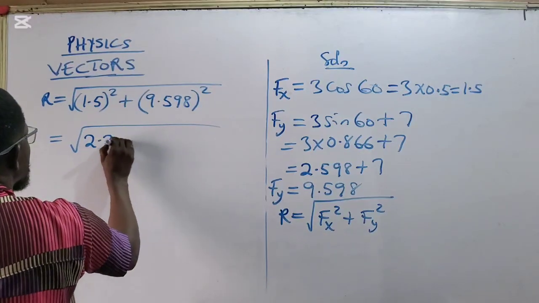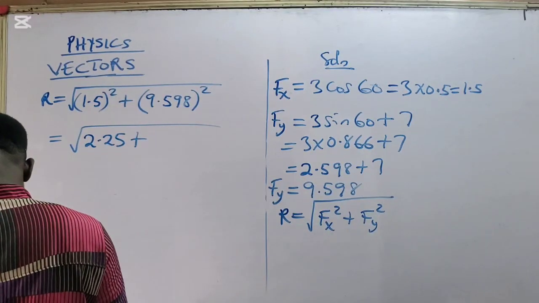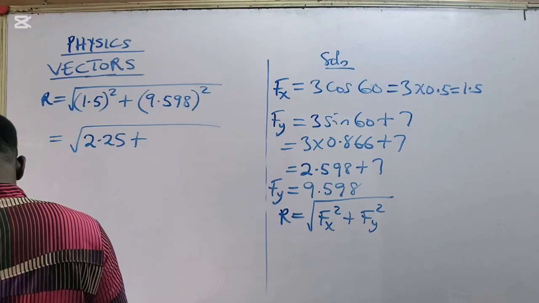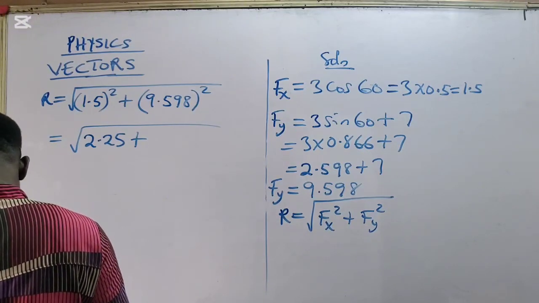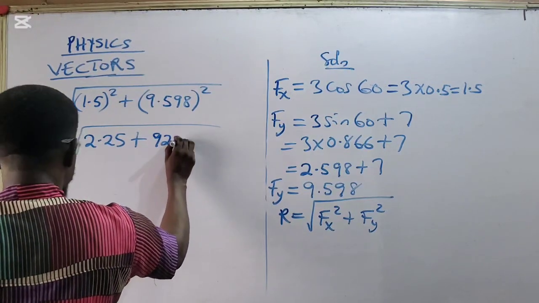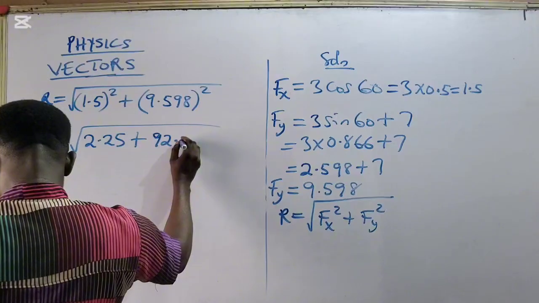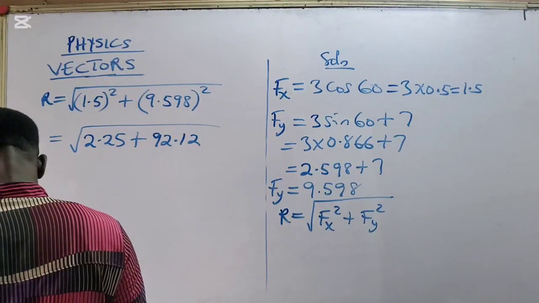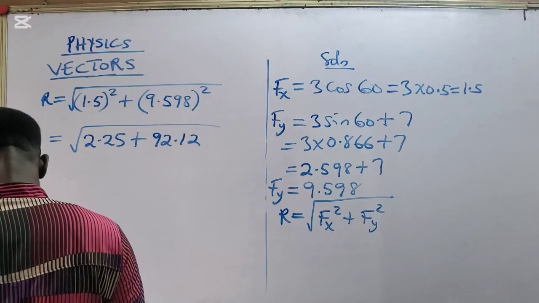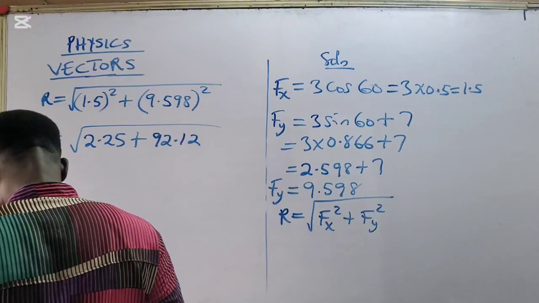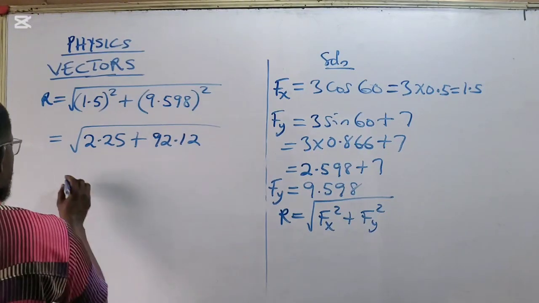So that is 2.25 plus 9.598 squared, which is 92.12. Then plus 2.25, that will give 94.37.